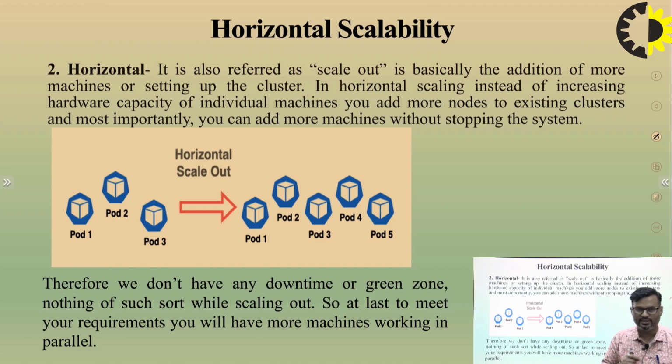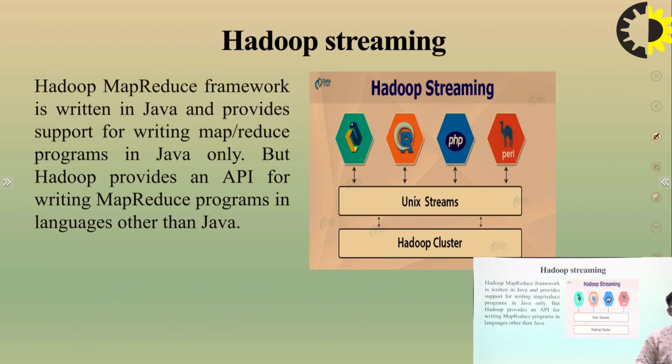In horizontal scaling, instead of increasing the hardware capacity of the individual machine, you add more nodes to existing clusters, and most importantly, you can add more machines without stopping the system. So we don't have any downtime while scaling out. In the end, to meet your requirement, you will have more machines working in parallel.